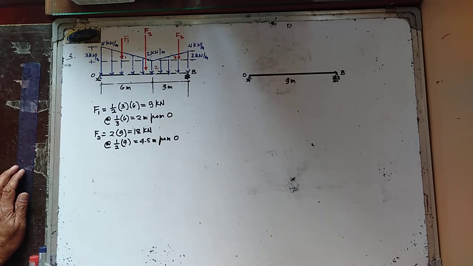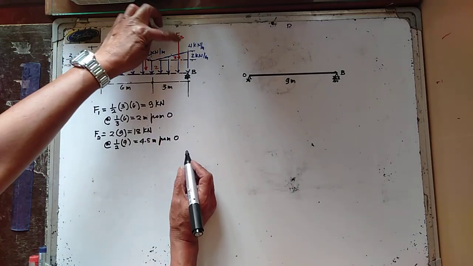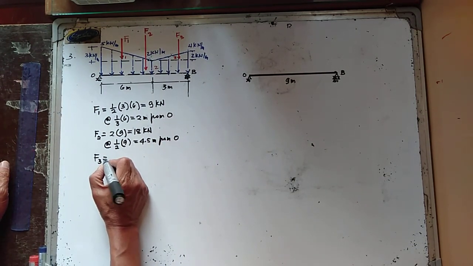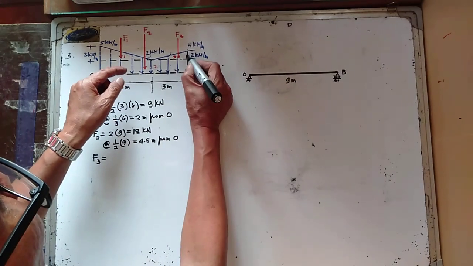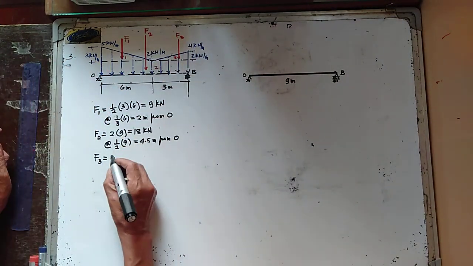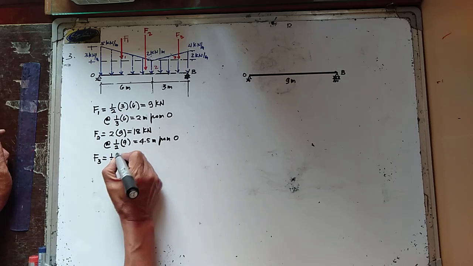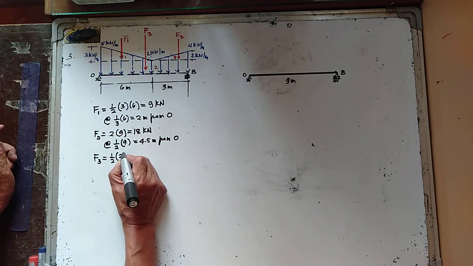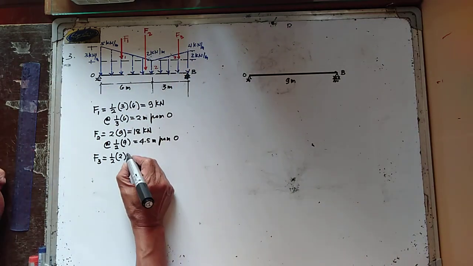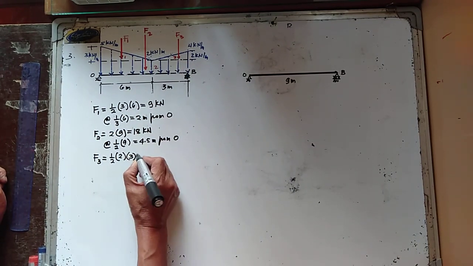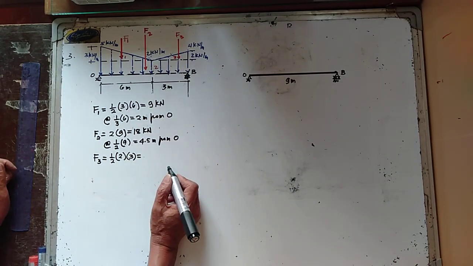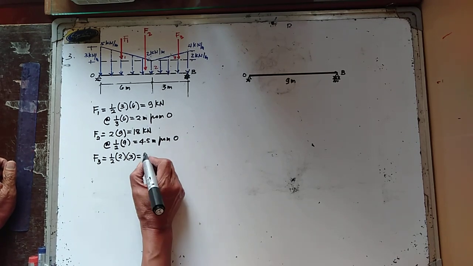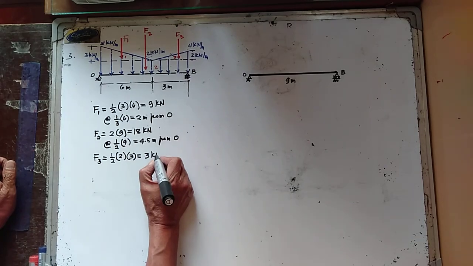And your F3, again, is a triangular loading. So this is the triangle, 1/2 of 2 kilonewtons per meter multiplied by 3, and this is equal to 3 kilonewtons.